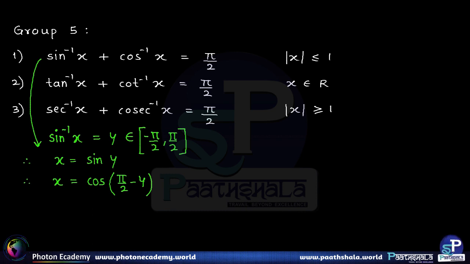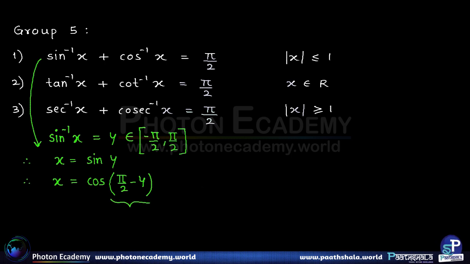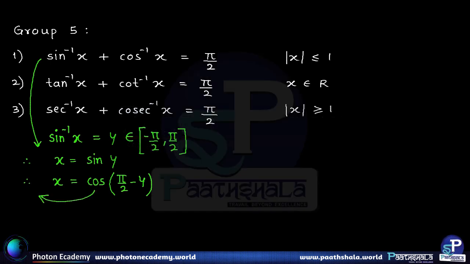But now in order to bring cos on the left side, we cannot just do it by default, because we have to first ensure whether pi by 2 minus y belongs to the principal value branch of cos inverse or not. If it does, only then we can take cos on the left hand side and then say that cos inverse of x is equal to pi by 2 minus y, right? So for that we have to first check where does pi by 2 minus y belong to.